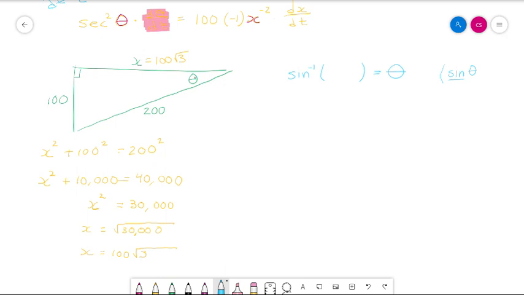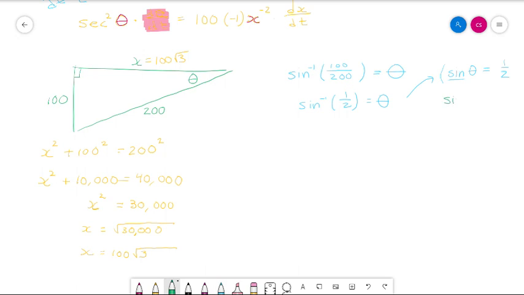Anywho, so here's our theta. What's sine? All right, sine is SOHCAHTOA, so it's opposite over hypotenuse. So the ratio is 100 over 200. All right, so sine inverse of 1/2 is theta. All right, and then just moving backwards, this is just saying sine of what angle is equal to 1/2. Do you guys remember? It's one of our special angles.